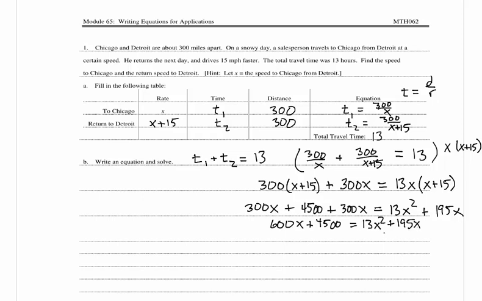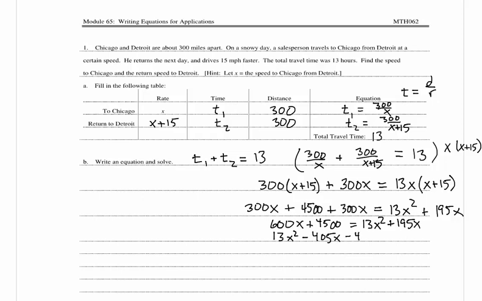And now we have a quadratic, so we're going to move everything to one side of the equation. And I'm going to move everything to the right so that my x squared term is positive. So I have 13x squared. And then we have 195x minus 600x is negative 405x.